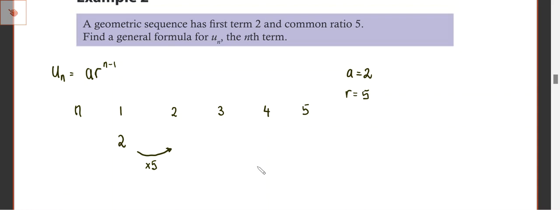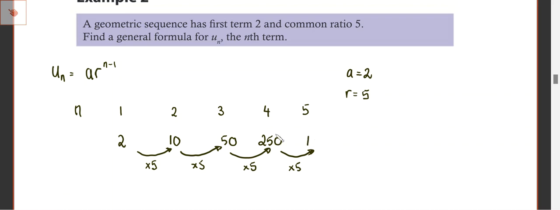Fine, good. So 2 times 5 is 10. 50. Careful. 250. 4 lots of them make 1,000, so one more makes 1,250. Good.